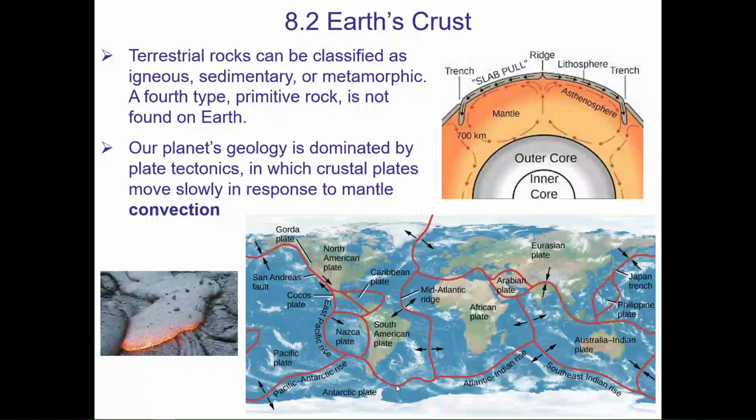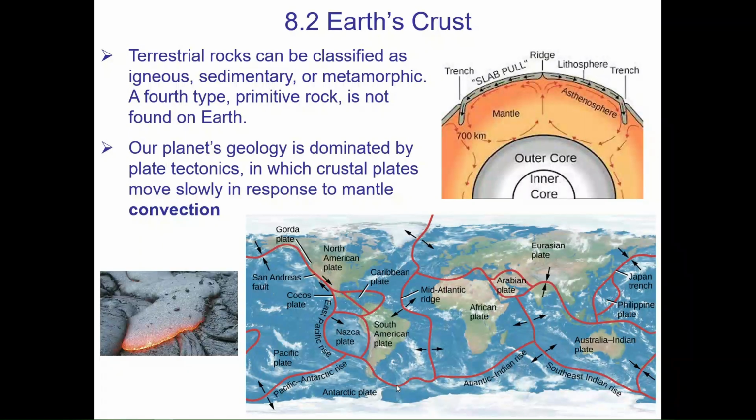Those primitive rocks represent the original material out of which the planetary system was made. So primitive rock will be the oldest rock we can find on the Earth. But because the Earth is so active, we barely have any left.